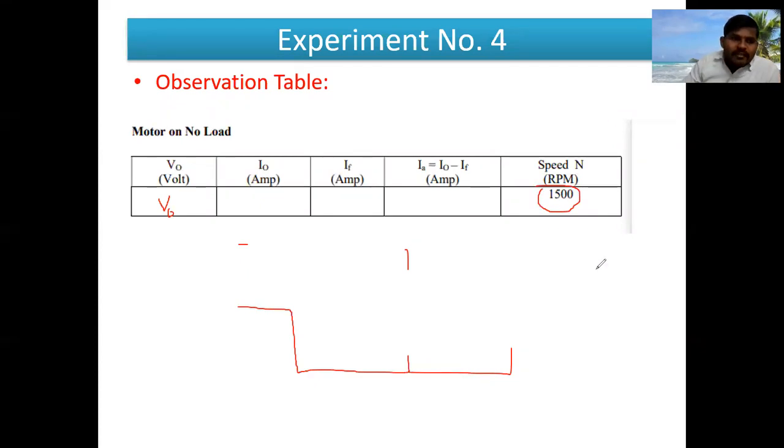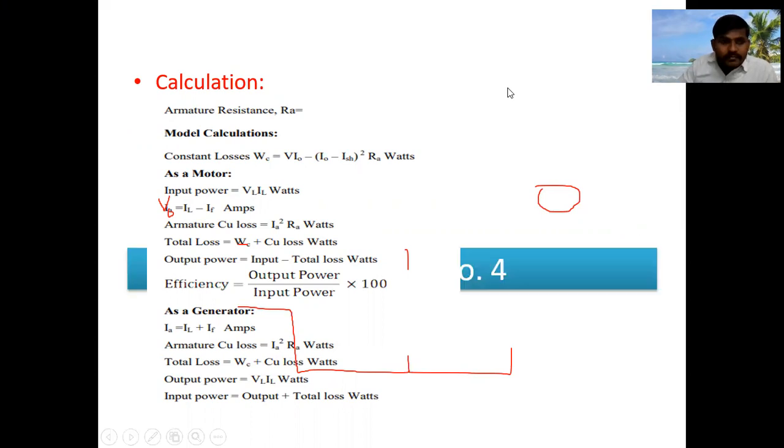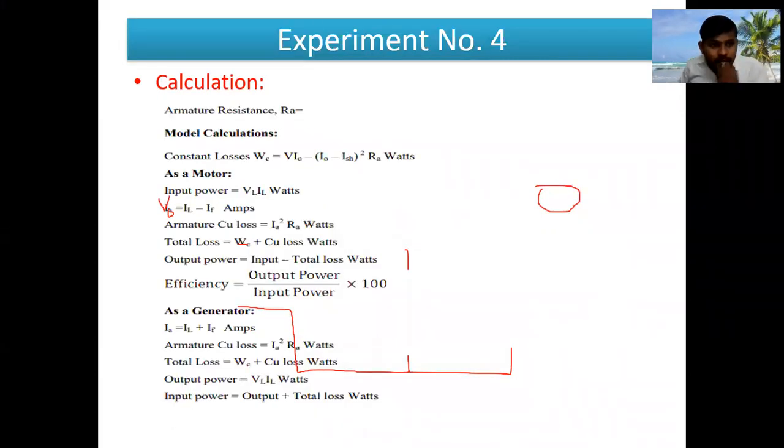And we want to do the calculation, and after that find out the efficiency. त्याच्यानंतर आपल्याला efficiency find करायचं. See, in the calculation part, this is the model calculation I have shown here. We want to measure the armature resistance by using multimeter. Multimeter चा use करून आपल्याला armature resistance measure करायचा आहे.